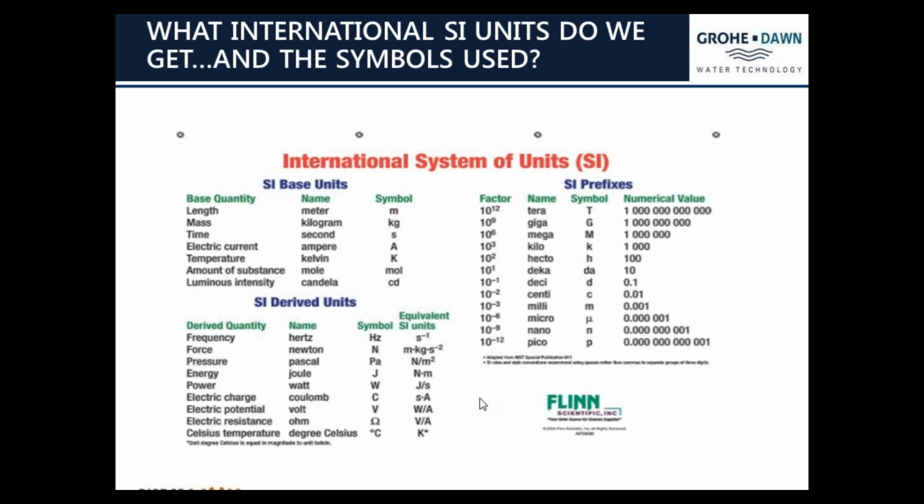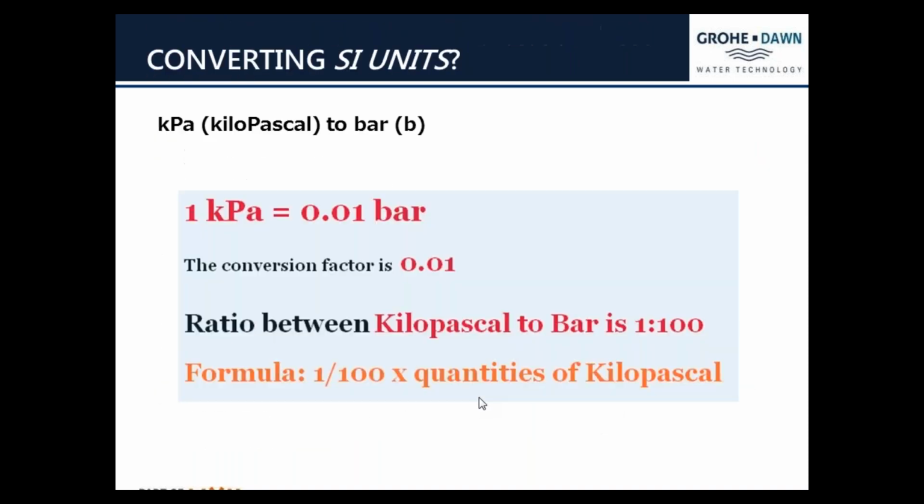Remember we said that 100 kPa equals 1 bar. So 1 kPa is equal to 0.01 bar. So if we said 200 kPa times 0.01, that would come to 2 bar.